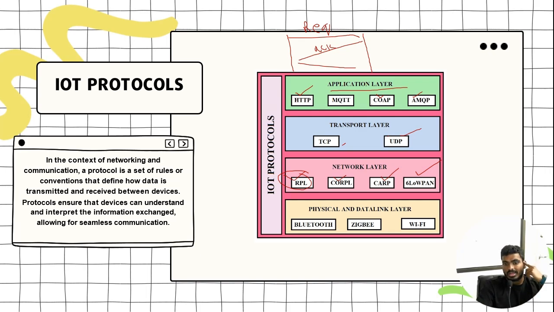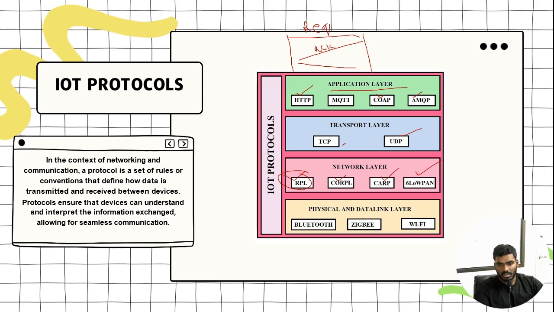Coming to the physical and data link layers, they handle the actual transmission of data over various media such as radio frequencies, wires, or optical cables. Key technologies include Bluetooth, Zigbee, and Wi-Fi. Bluetooth is a short-range wireless communication protocol commonly used in wearable devices and smart home appliances.